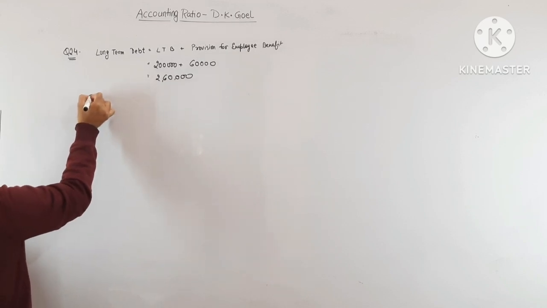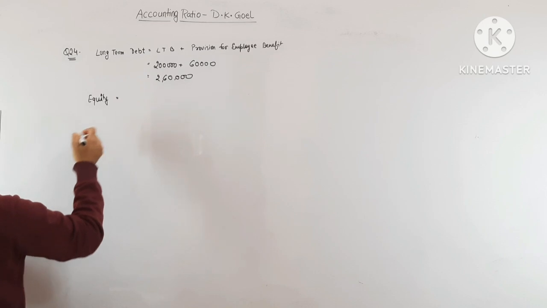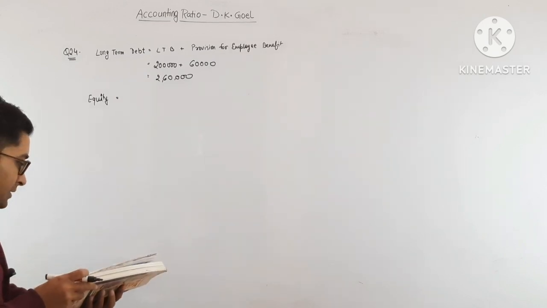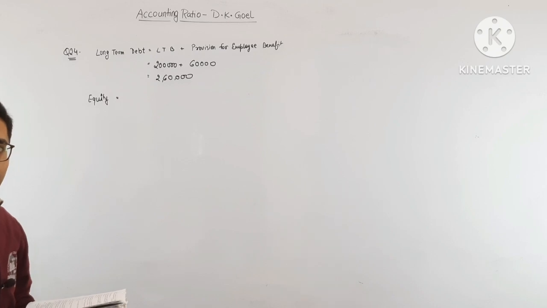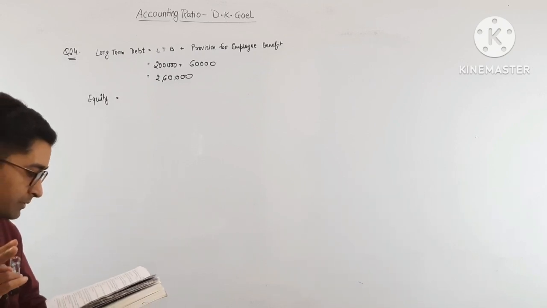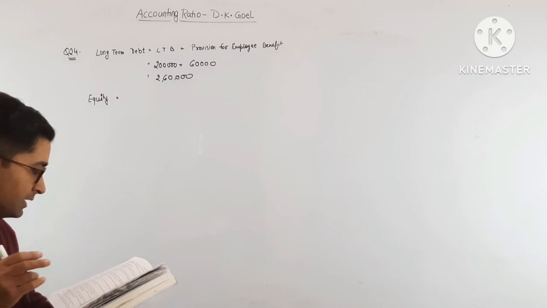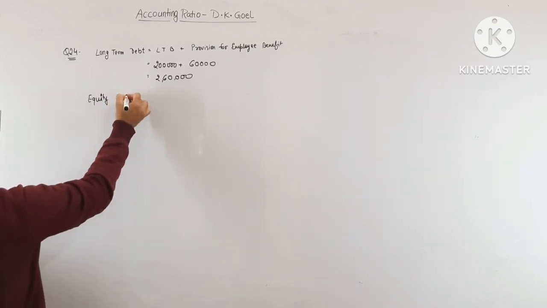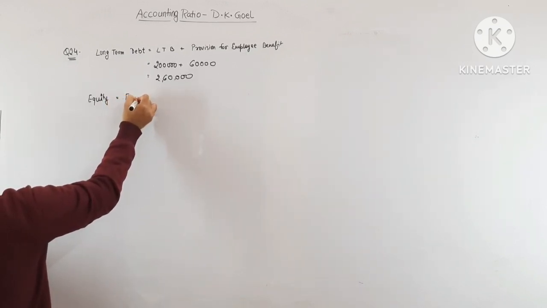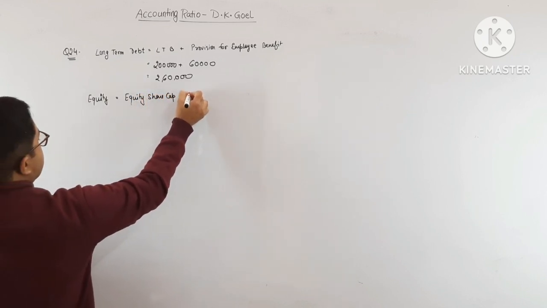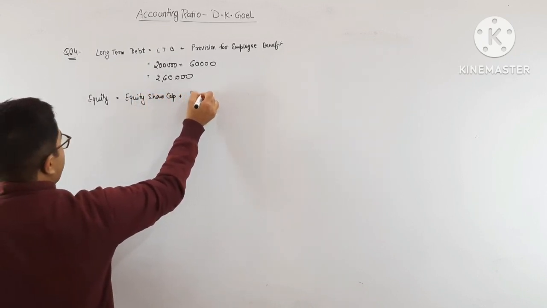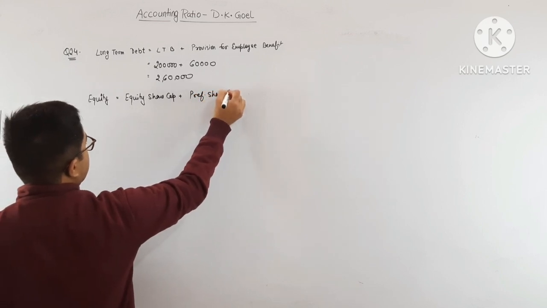And the equity or shareholders fund will be, under the shareholders fund, what will come? Share capital. But share capital is of two types, and both types are given: equity share capital plus preference share capital.